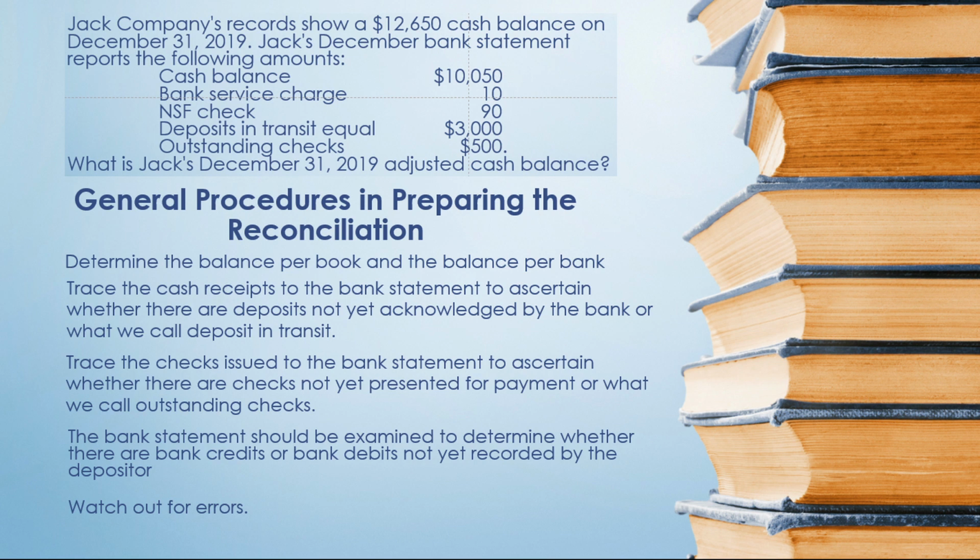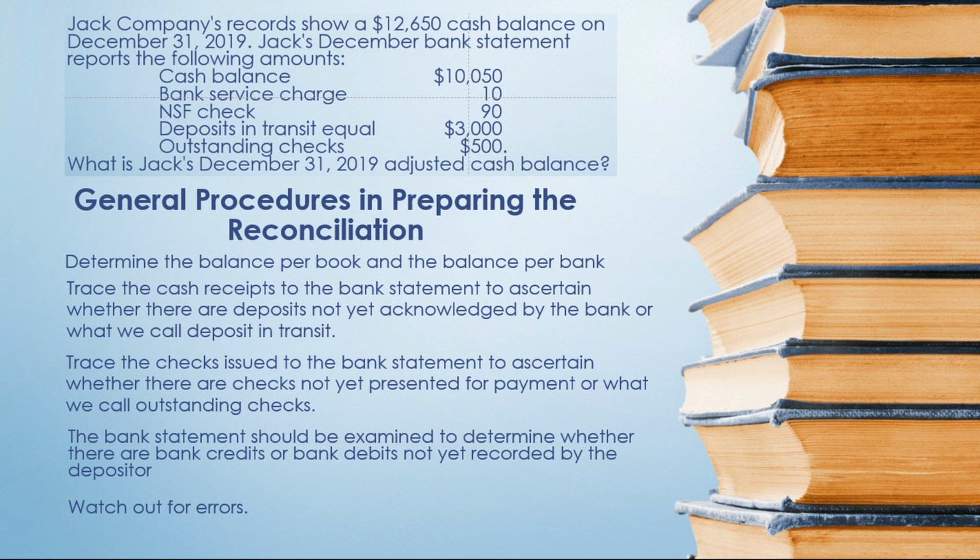Next procedure is trace the cash receipts to the bank statement to ascertain whether there are deposits not yet acknowledged by the bank, or what we call the deposit in transit. In the illustrative problem, the amount of deposit in transit was already given, amounting to $3,000.